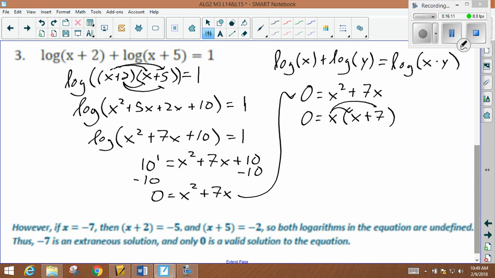Because remember, at this point, when you're solving a quadratic, you need to think, hey, what values of x make this true? In other words, what values of x would give me the equation 0 equals 0?